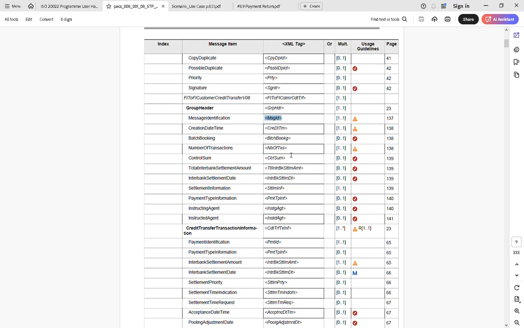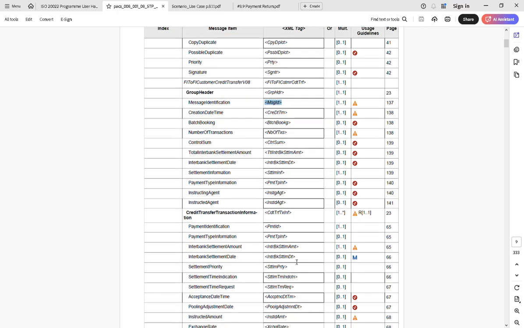For example, if you want to map the interbank settlement date or interbank settlement amount, which is field 32A, your flow will be FI to FI credit transfer information, which is the parent. Below that, credit transfer information, and below that, this field or that field as per your requirement. Same thing I have shown here: 32A, transfer information, interbank settlement date, and this is the closing bracket of everything. In the same fashion, you can map the settlement date like this.